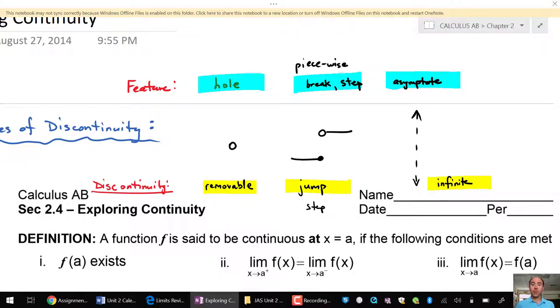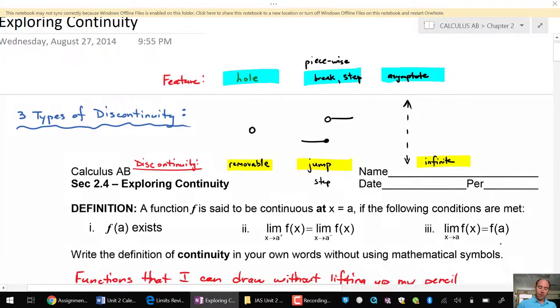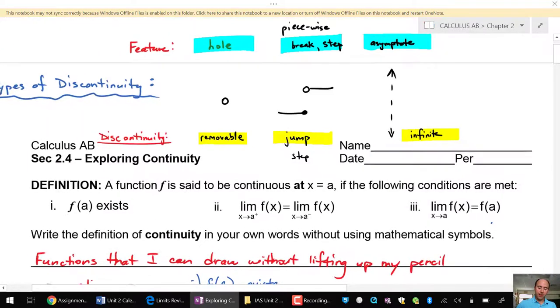For example, a hole in the graph would be associated with a removable point discontinuity. A piecewise function where there's a break or a step, we'd call a jump discontinuity or step discontinuity. And if we have a vertical asymptote within the function, we would have infinite discontinuity as represented by that vertical asymptote.